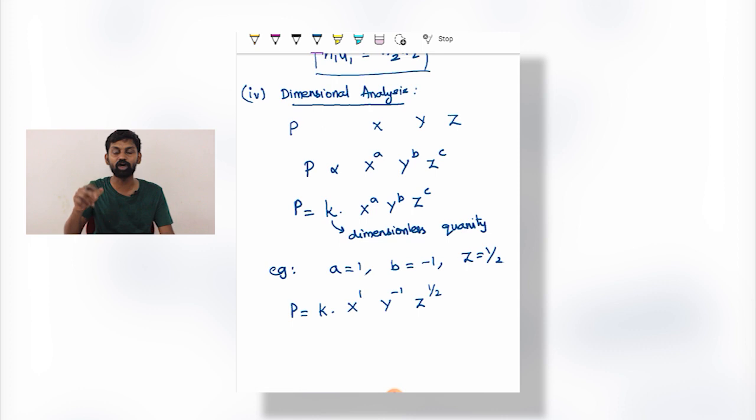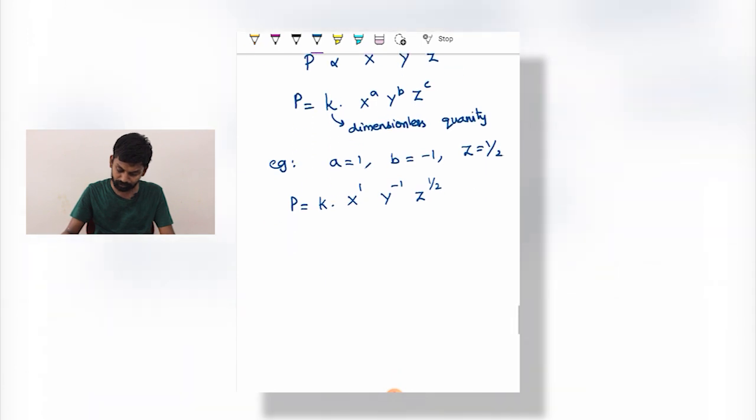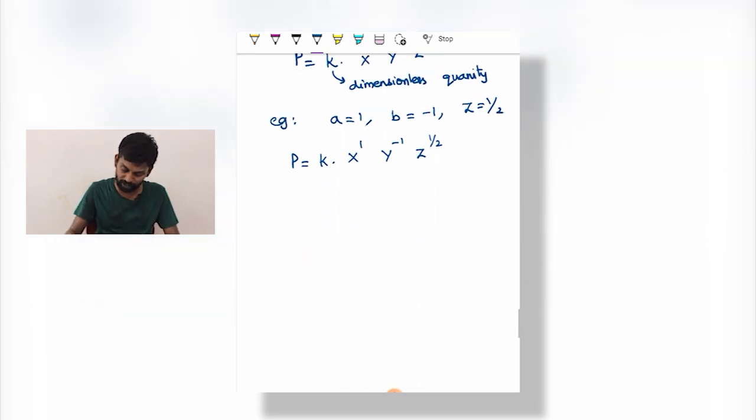So by solving the three variables A, B, C, you can establish a relation of P with X, Y and Z. By this method you can establish a relation which is correct dimensionally. It may or may not be correct according to the laws of physics, but it is correct with respect to dimensions. So I am going to give you a couple of statements here.